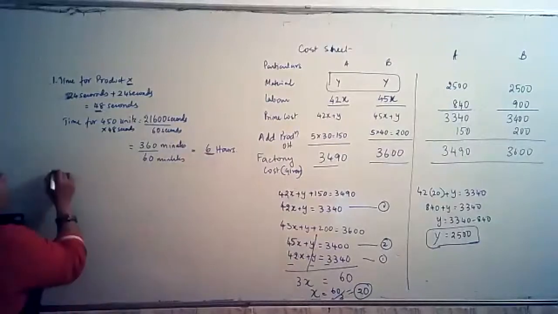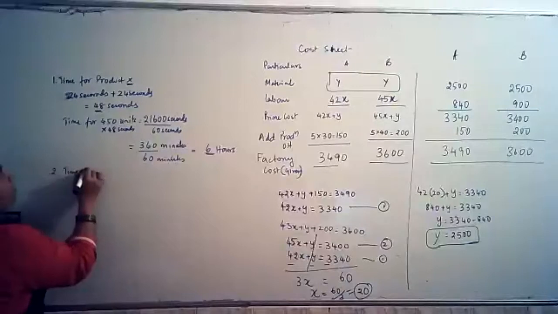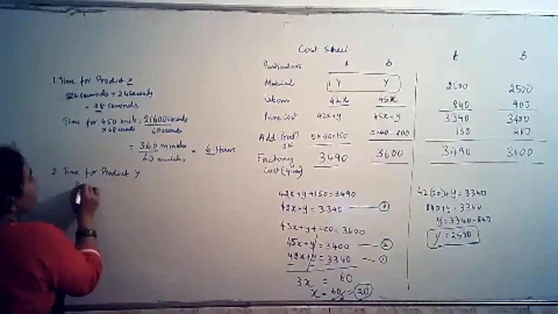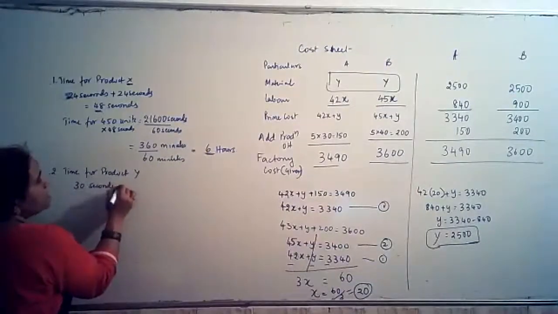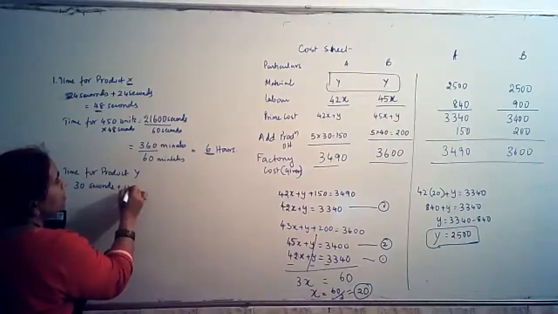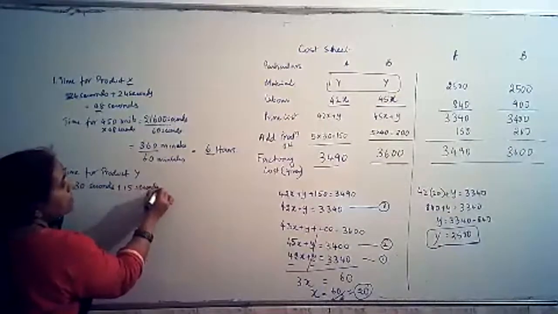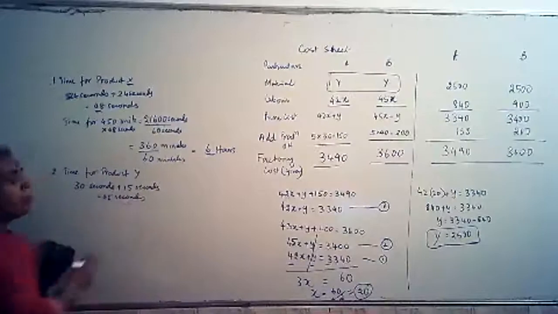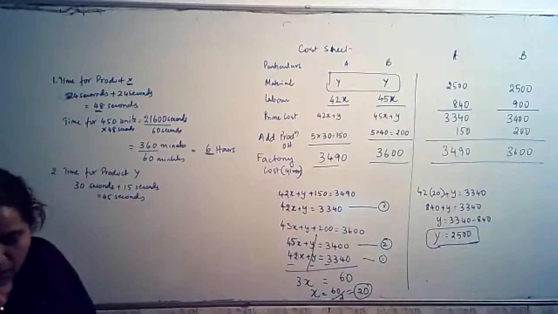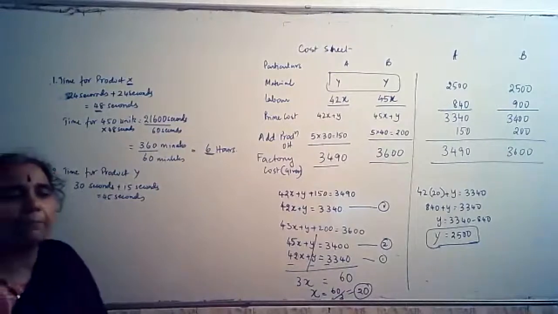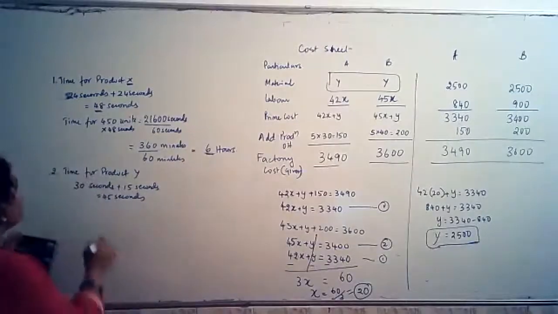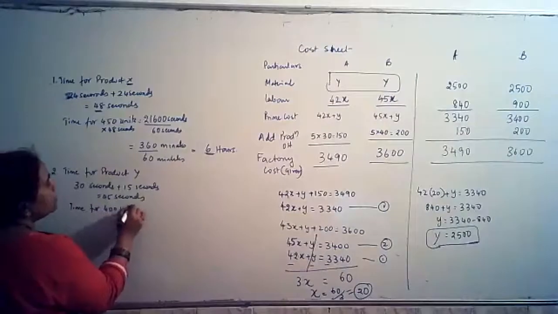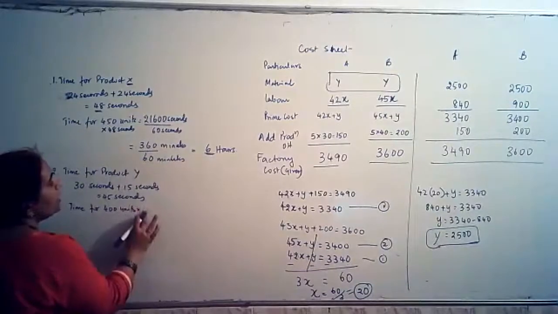Let's see, the second point I need to calculate is the time for product Y. So what I need is 30 seconds plus 50%, and then 15 seconds will be my relaxation time. So total will be 45 seconds. So how many units are manufactured for Y? If you see, 400 units are manufactured by the employee for product Y. So 400 units into 45 seconds.